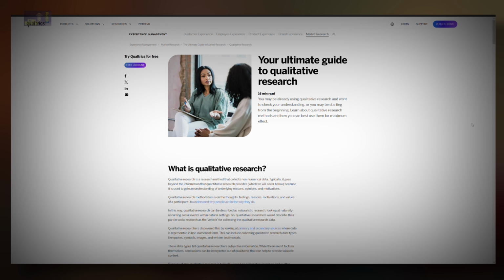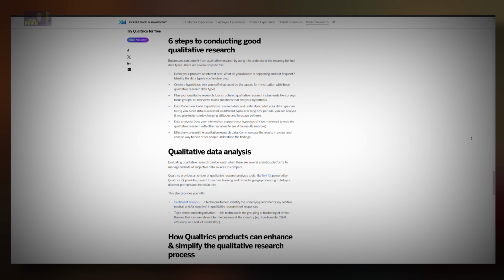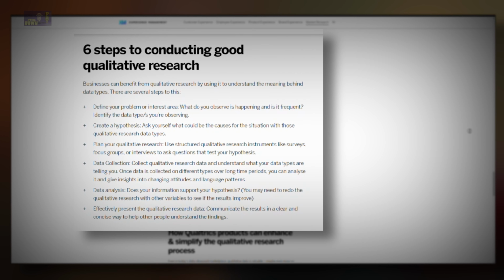The problems with the qualitative in Qualtrics become more and more obvious the more you read from their website. So here they're giving us advice on how to conduct good quality qualitative research. And you can see here how they focus on frequency counts, counting how many people say particular things and how many times they say a particular thing, and on hypothesis testing, and on the manipulation of variables.